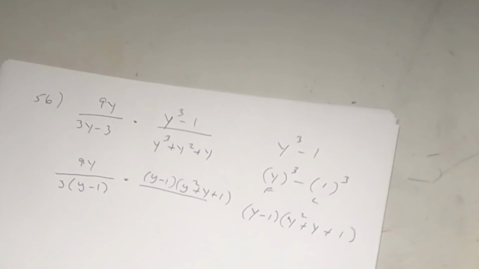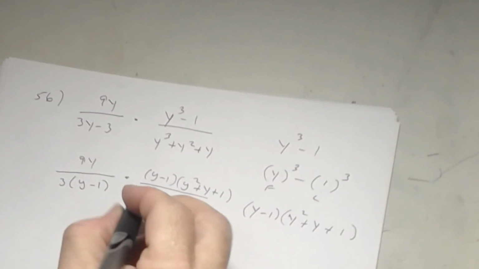All right. So the numerator was the difference of 2 cubes. What about that denominator? How is the denominator the difference of 2 cubes? Oh, no, you can factor out a y. And you know it can't be the difference of 2 cubes because the difference of 2 cubes is 2 terms. The denominator had how many terms? 3. Okay, so factor out a y. Now when I factor out a y, I want you to notice something.